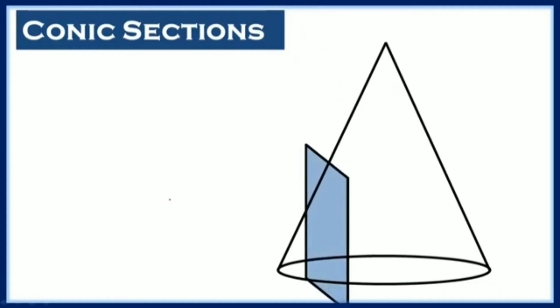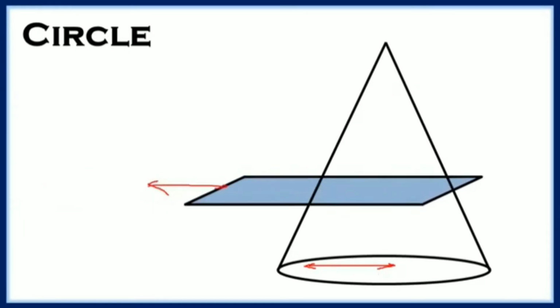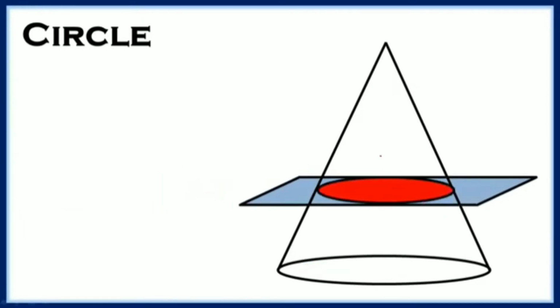So now class, do you think what are the figures na mabubuo natin kapag ginawa natin ang action na ito? So the first one is circle. A circle is formed kapag ang plane is parallel with our base of the cone. So they are parallel as our plane cuts our cone, so that it will form a circle.